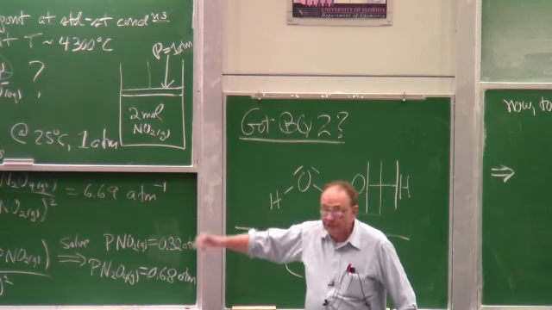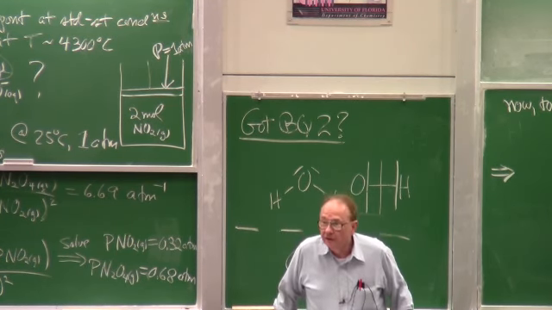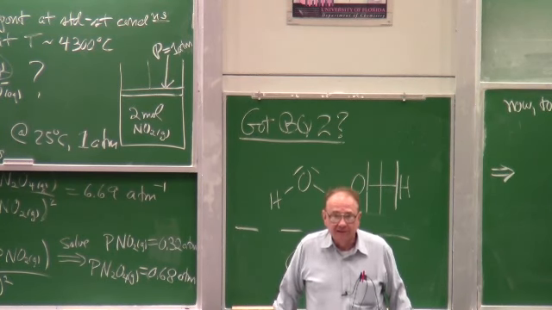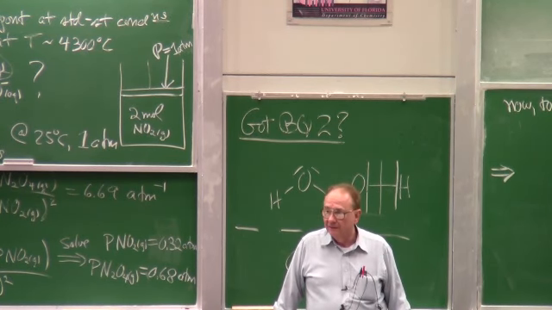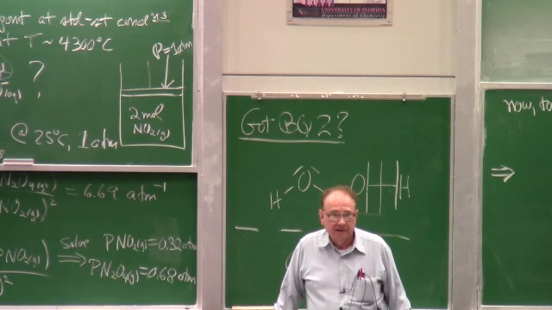Will this reaction be provoked to go left or right as written if you heat? If you want an endothermic reaction to go, you want to supply heat? Hell no. Heat provokes bond breaking.